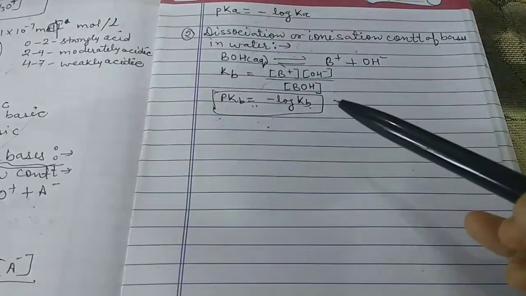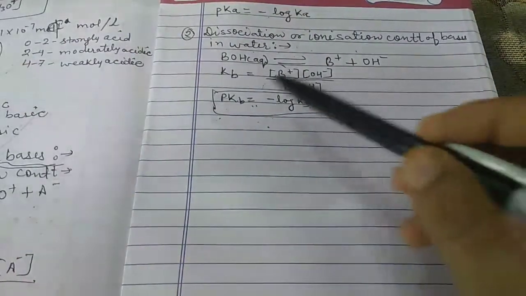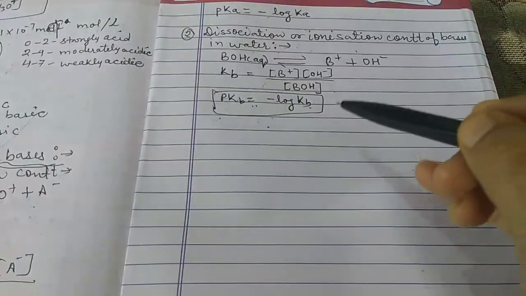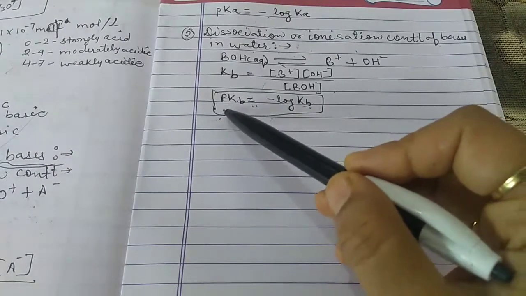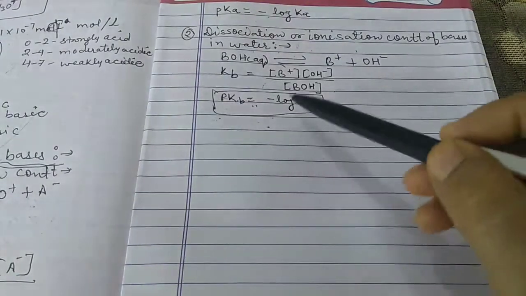In short, we can also define it as: the larger the value of pKb, the weaker is the base.